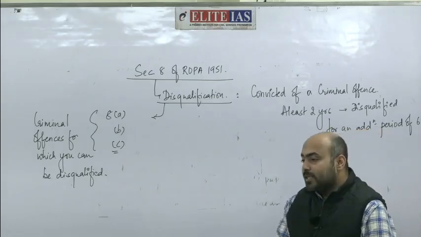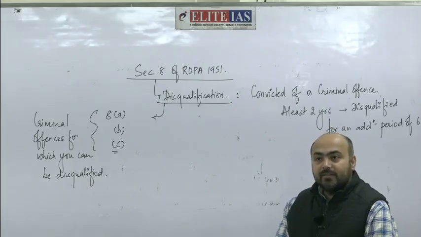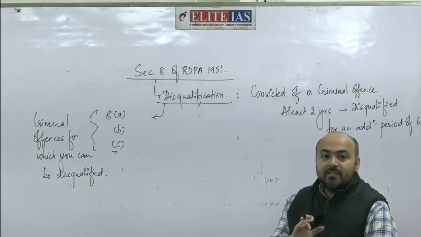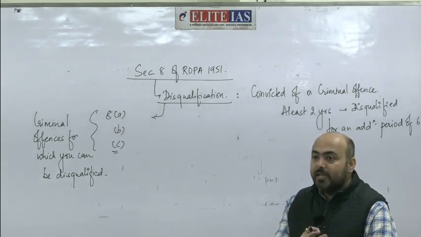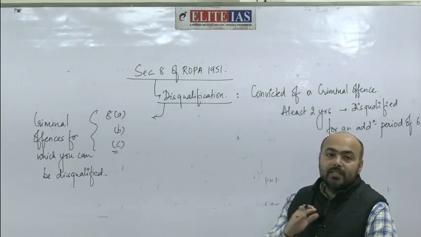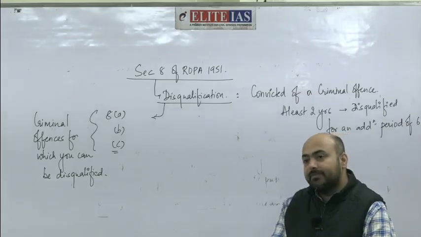Any individual who is elected, if he is convicted of a criminal offence and is subjected to serve a sentence of imprisonment of at least 2 years, he is further disqualified for 6 years. So he serves the sentence plus 6 years.